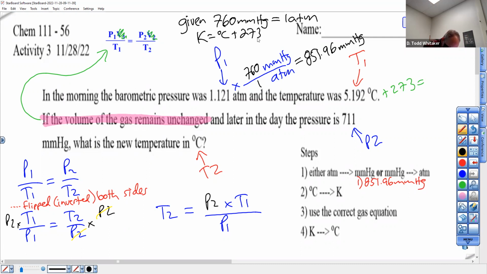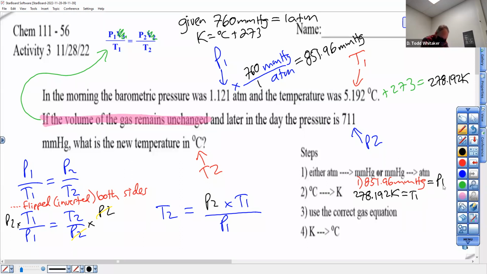And this one is 278.192. This is 278.92 K equals T1. And that is P1.